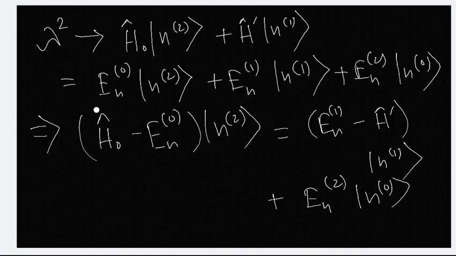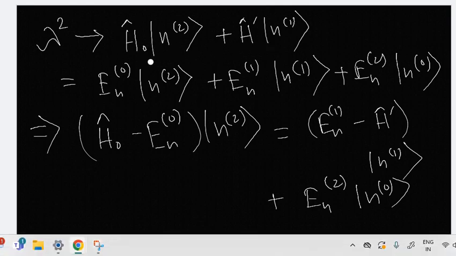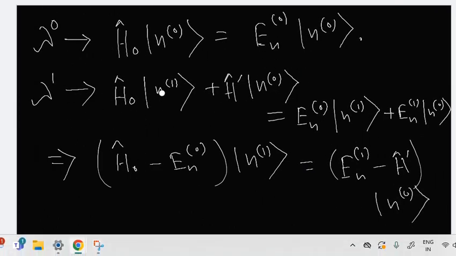And look at the sequence here. At the left hand side, the terms are fixed: H naught and H prime, one having second order correction and another having first order correction. Here, H naught and H prime, one having first order correction and H prime having zero order correction, that means unperturbed.